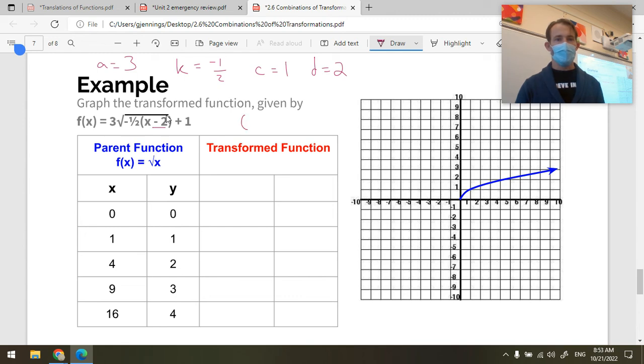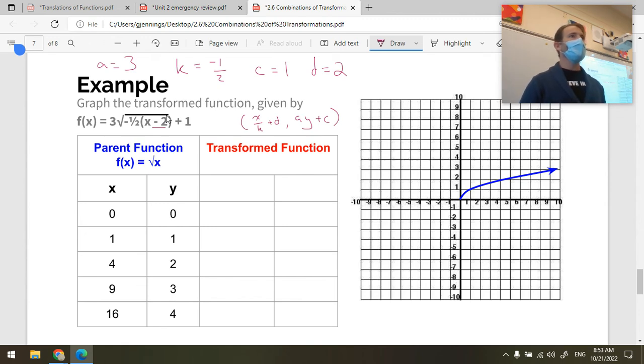And remember, this is going to be x divided by k plus d. And this one is going to be ay plus c. All right, so let's build those in here. X divided by k. Well, I don't want to write x divided by negative 1/2. So what should I write instead? Multiply by negative 2, yeah.